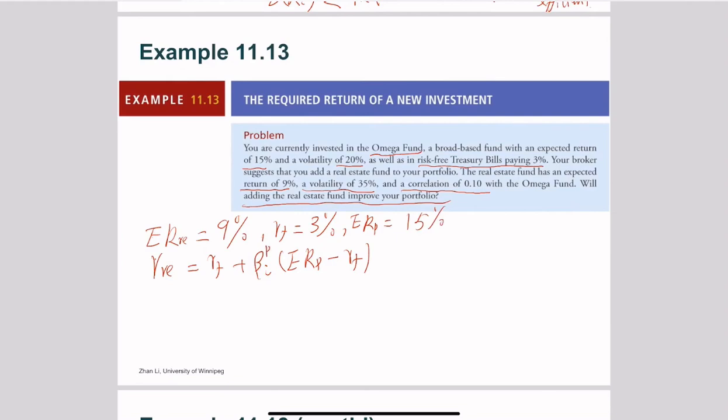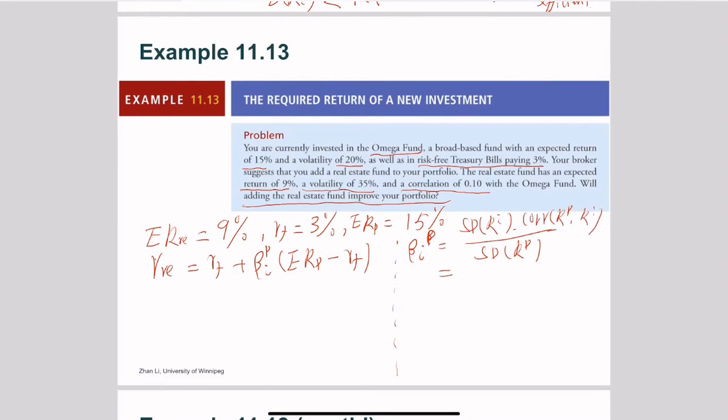And now we want to find out this beta I, right? What is beta I? Obviously, the problem does not give us beta I, but the problem gives us correlation and standard deviations. So we could basically calculate beta I from these numbers. Okay, now let me calculate beta I. So beta IP equals standard deviation of RI times correlation between RP and RI, divided by standard deviation of RP.